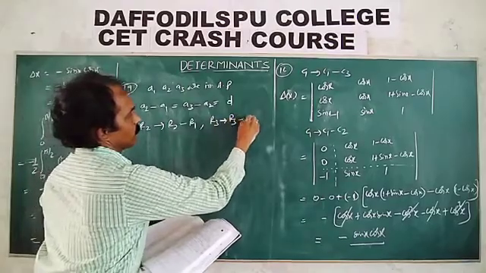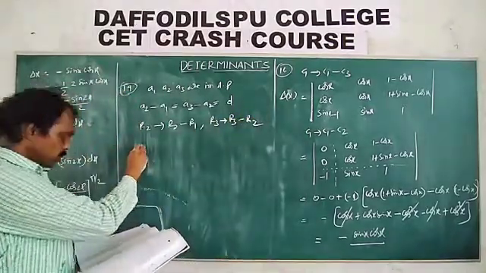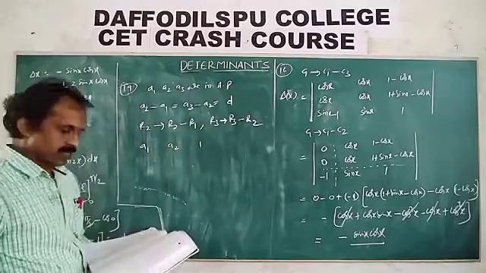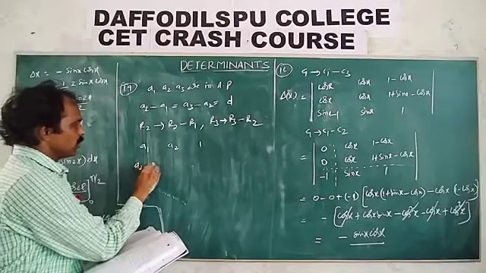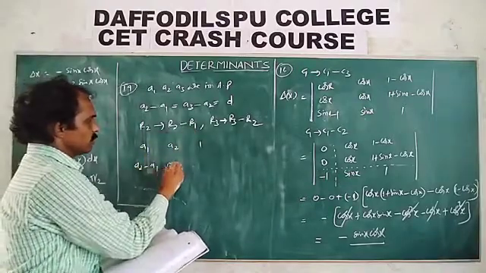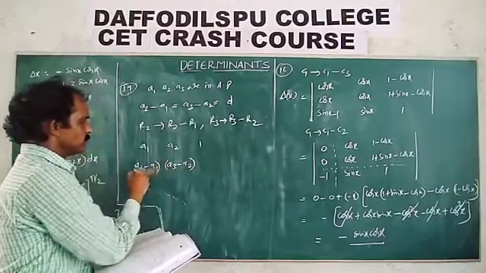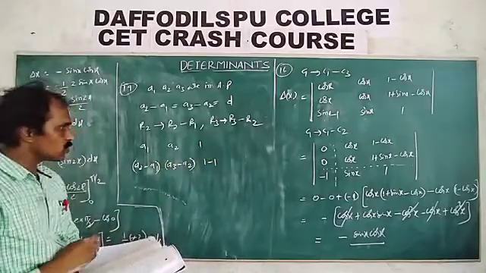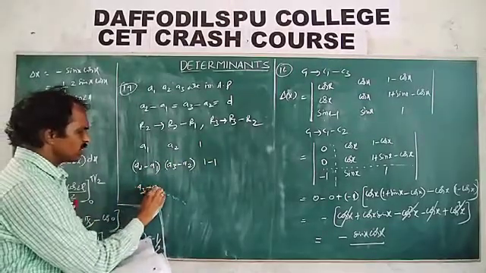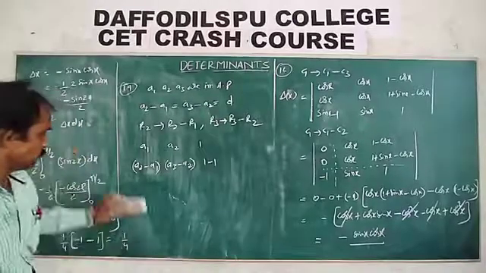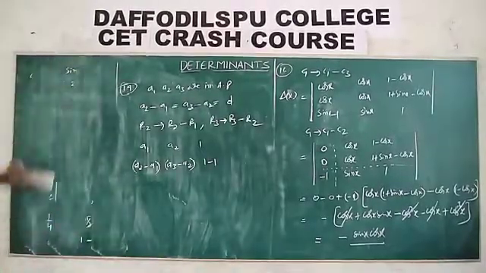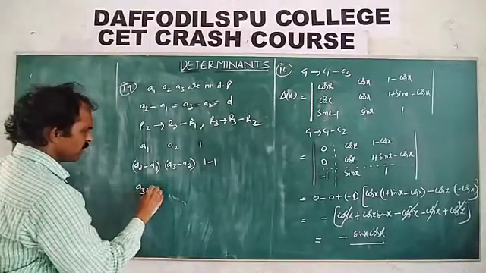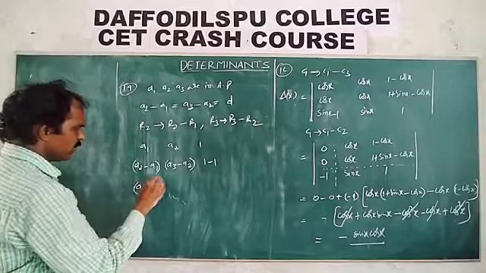First row A1, A2, 1, no change in R1. R2 gives R2 minus R1: A2 minus A1. R3 gives R3 minus R2: A3 minus A2, 1 minus 1.